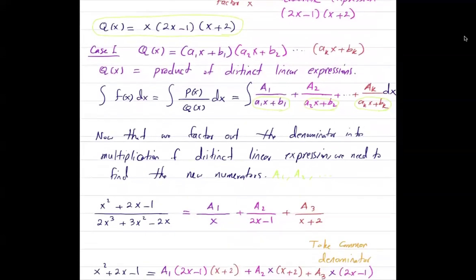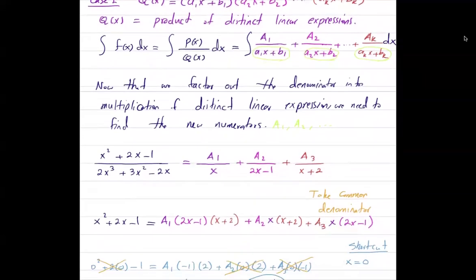So x squared plus 2x minus 1 divided by 2x cubed plus 3x squared minus 2x is a1 over x plus a2 divided by 2x minus 1 plus a3 divided by x plus 2. Make sure to take the common denominator. Well, in that case, the denominators are the same and the numerators must be the same. The numerator on the left is the numerator that you see just right here.